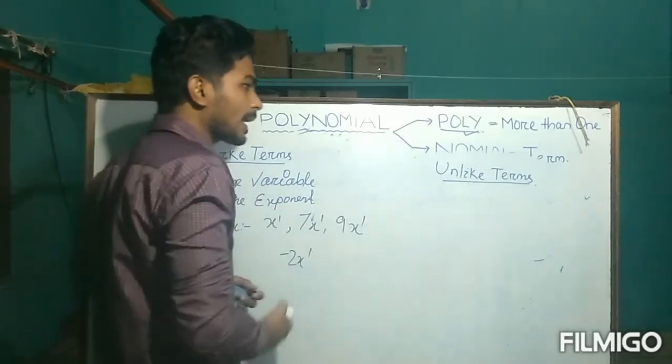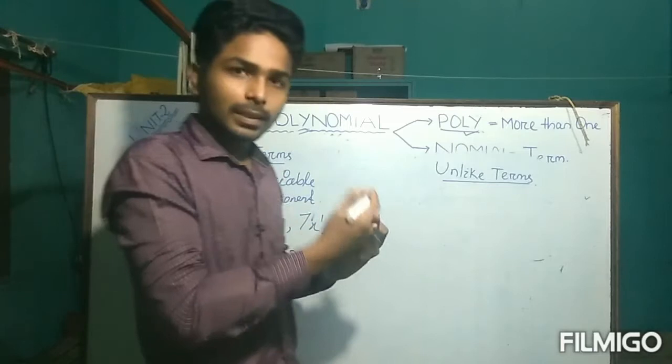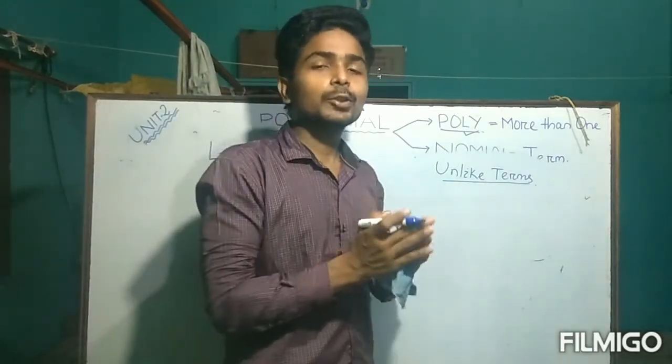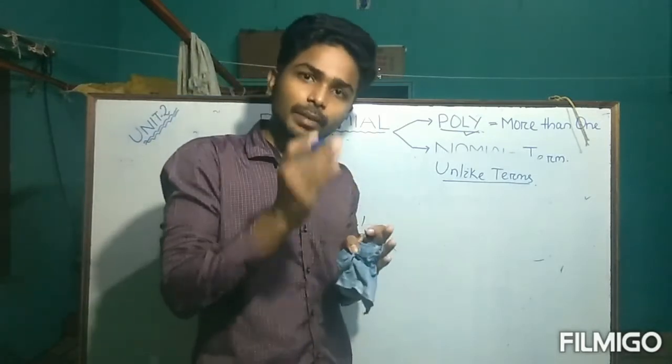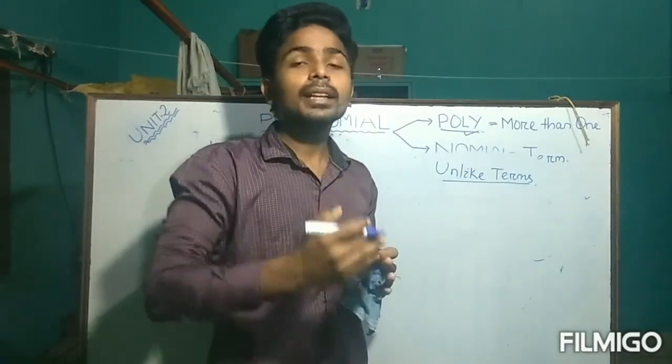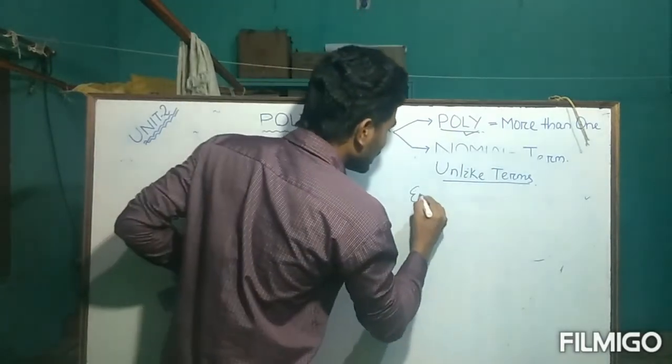Let's come to unlike terms. What are unlike terms? Two terms are said to be unlike if they have either different variables, or different exponents, or both.